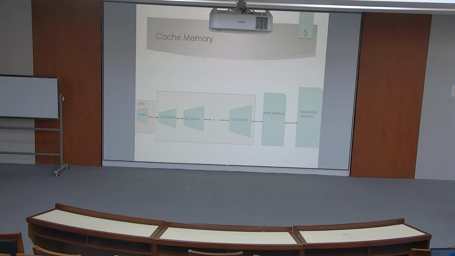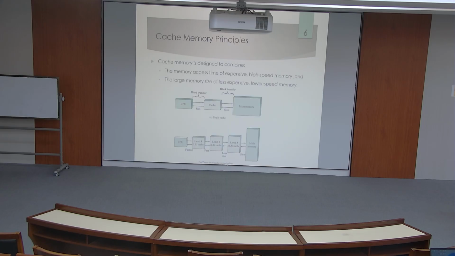So the cache memory, in between the central processing unit and main memory, helps the computer system improve its performance by storing the most recently accessed data, which allows the cache memory to have more hits, and this will improve the overall computer system performance.